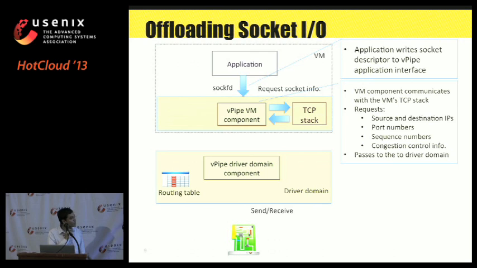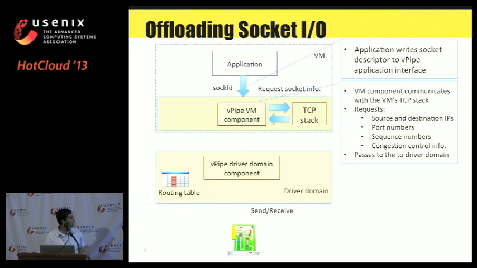Here, unlike the disk block case, we don't try to parse the data blocks at the VM, because we offload the entire TCP socket to the driver domain. That is, we establish a shadow copy of the socket at the driver domain using the driver domain's TCP stack. And we fill out the source and destination information of the original socket in this shadow socket.